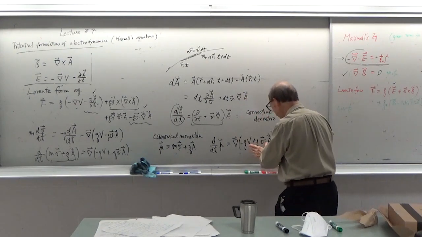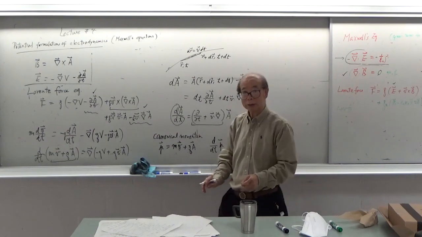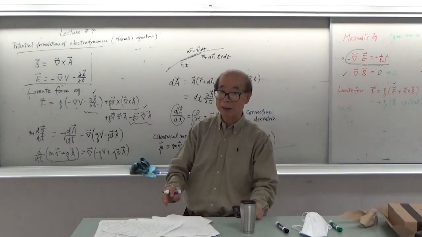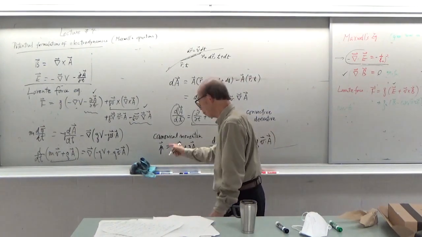So constant potentials imply that the canonical momentum is a constant of motion. That's the significance of this quantity.